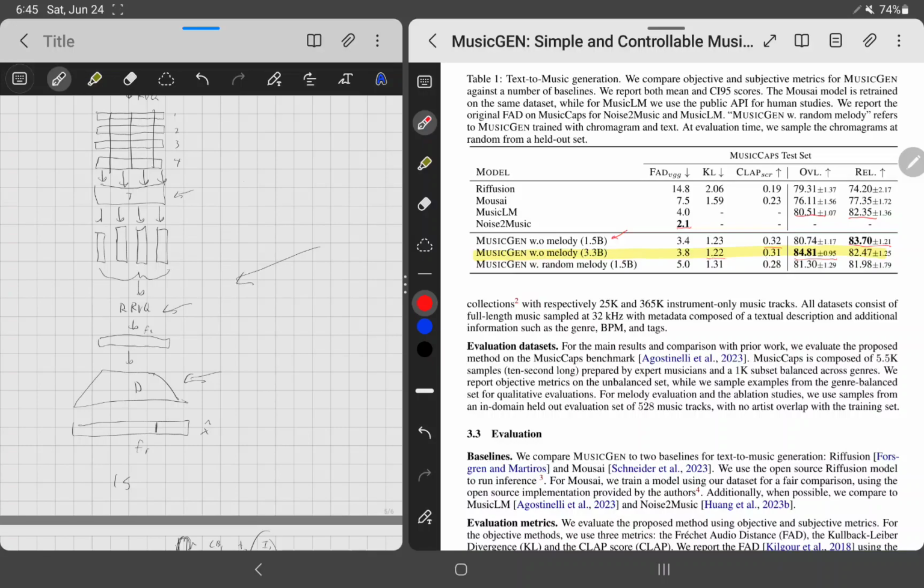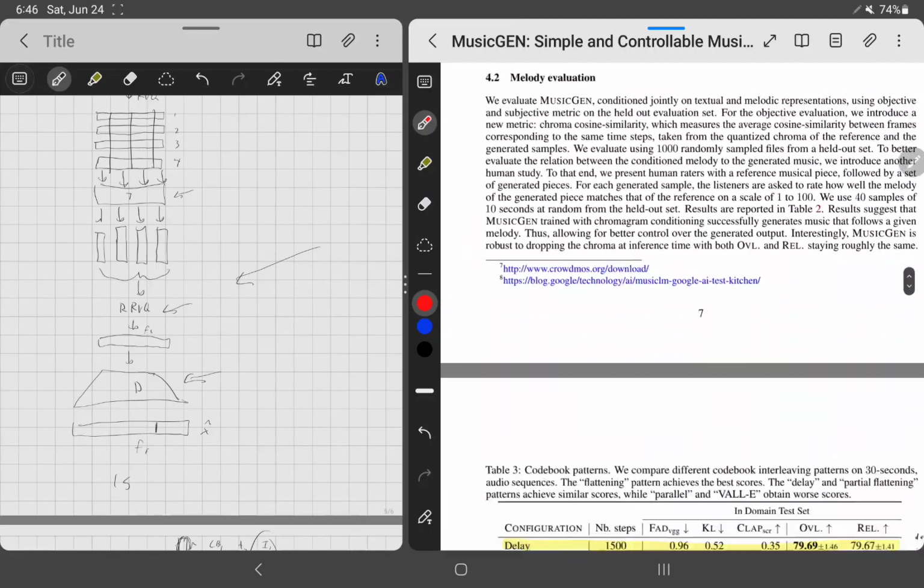But yeah, it does a lot better than MusicLM, which is another recent music generation model. The results do look pretty good, and if you listen to it, they are pretty good. So I highly suggest taking a look at the results in their GitHub repo or just playing around with it.